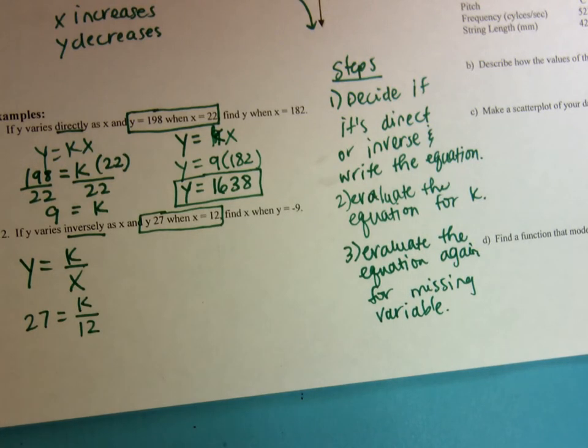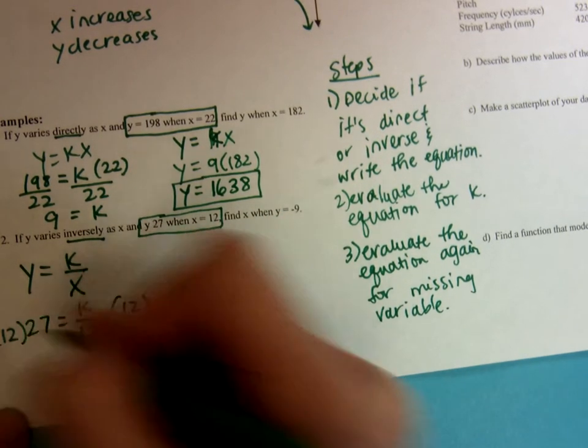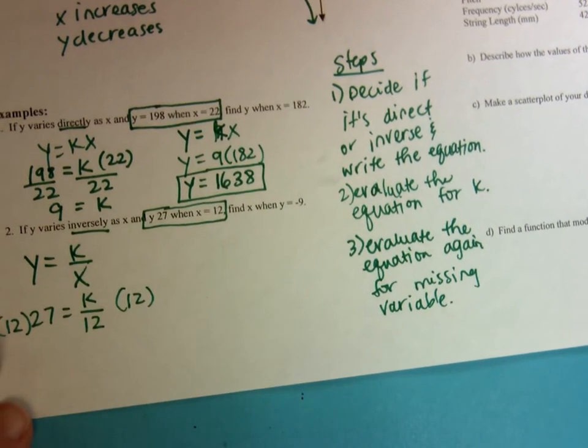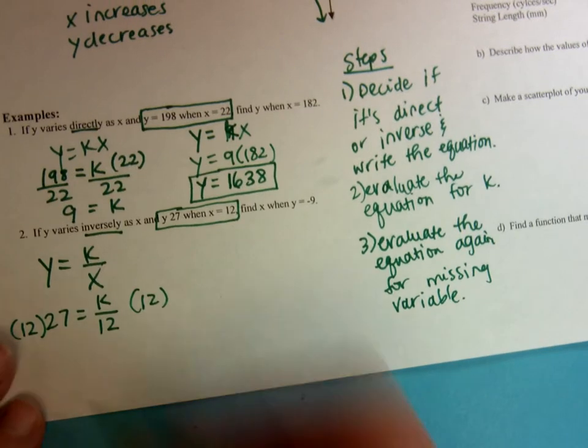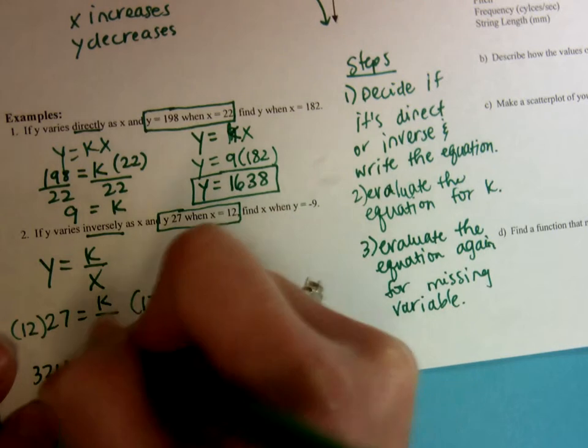Now, look at where the 12 is. It's in the denominator of a fraction. So how are we going to make that not be a fraction anymore? Multiply it. Exactly, multiply it. So we're multiplying by the denominator. This would give us 324 is equal to k because the 12s will cancel.